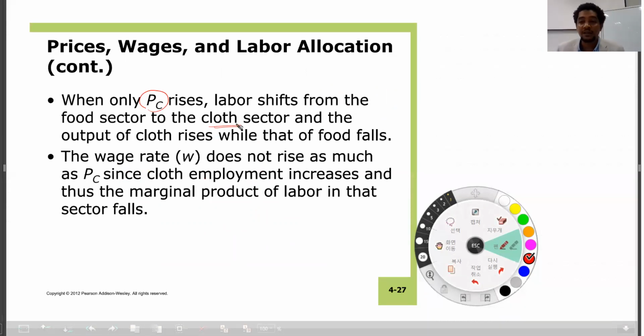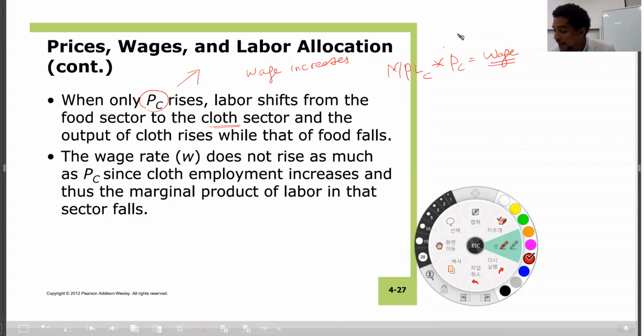Because we have said that workers will always go to a company that pays more, right? We have said that the marginal product of clothes times the price is equal to the wage in the specific factors model.